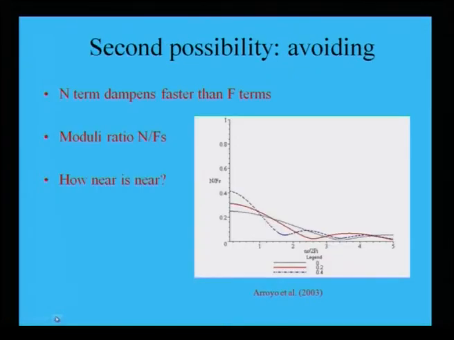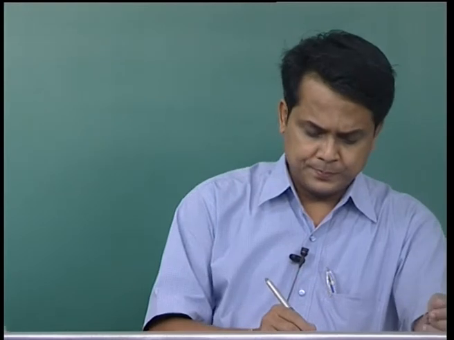The second possibility is avoiding, that means the n term dampens faster than the f terms. If you look here, the n term, it is n by f, dampens faster than your f term, moduli ratio n by fs. And how near is near?